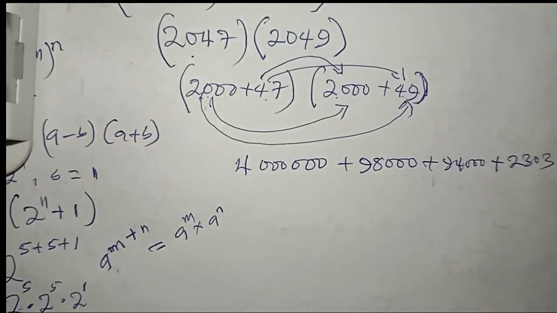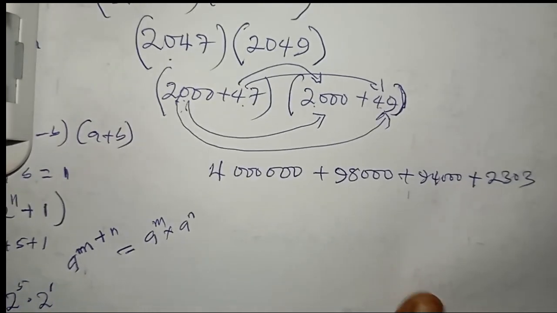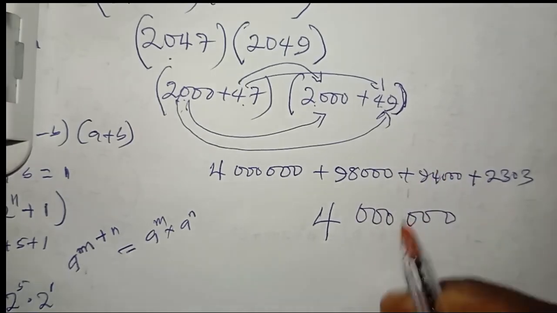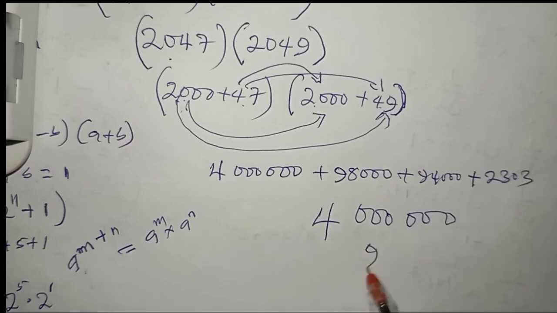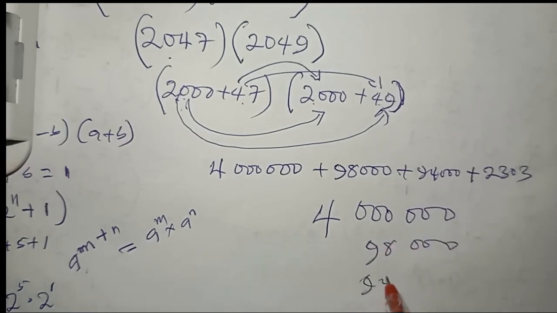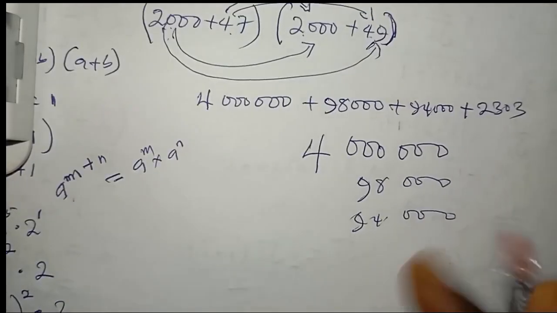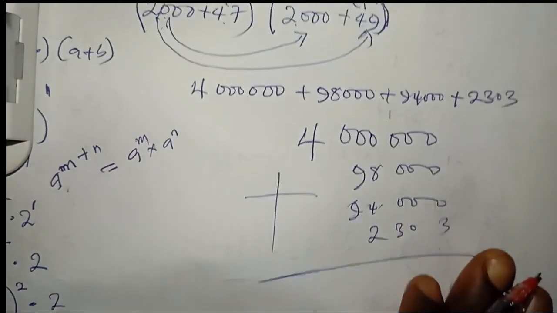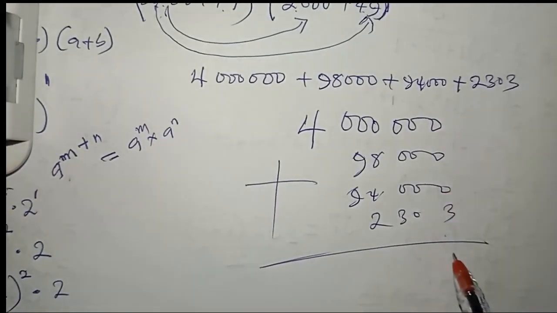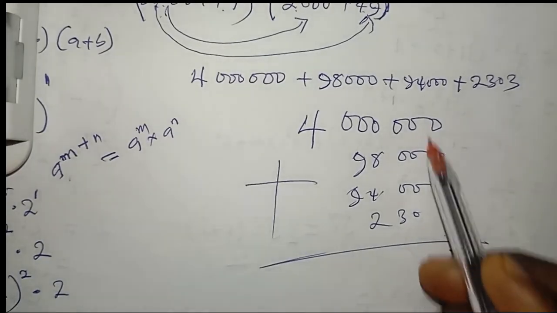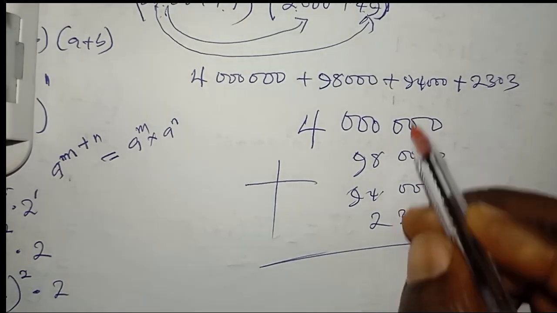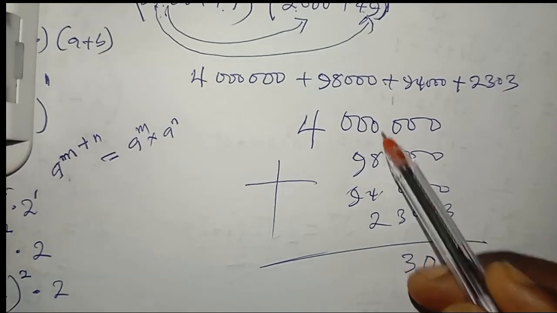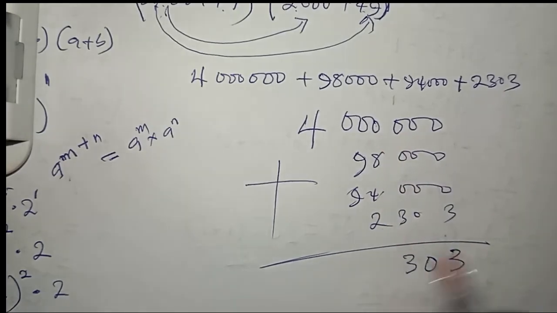The next thing we want to do is go ahead and sum all of them up. Because we are not solving with a calculator, you can just go ahead and sum it this way. So 4 million plus 98,000 plus 94,000, plus 2303. We just go ahead and sum all of them. This 0 plus 0 plus 0 plus 3 will give us 3, and this whole column is 0, and then this column will give us 0 plus 0 plus 0 plus 3, and that is 3. 0 plus 8 plus 4 is 12 plus 2, that's 14.